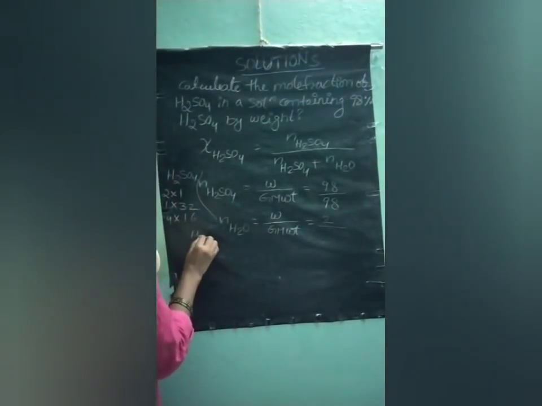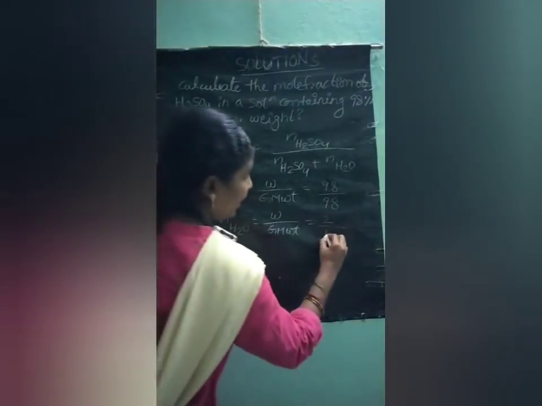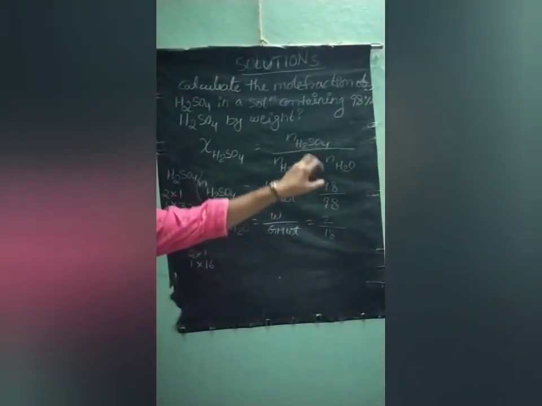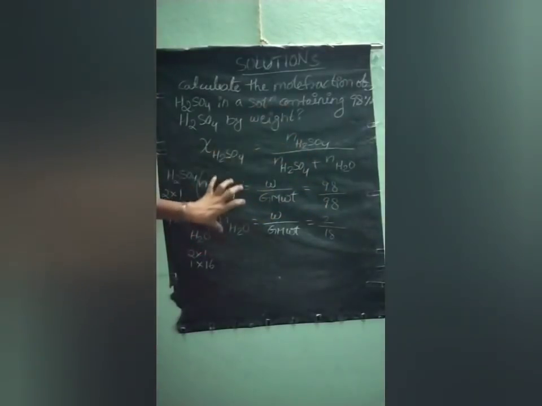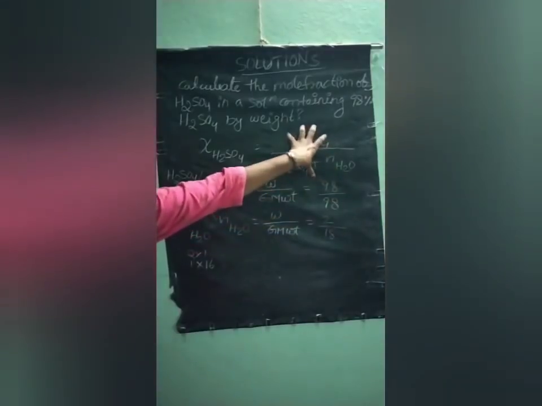Water is H2O: 2 hydrogens into 1 oxygen into 16, total 18. Now substitute these values in the mole fraction formula.